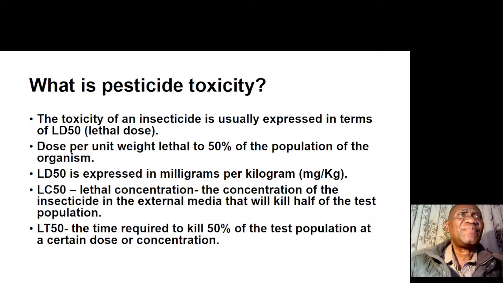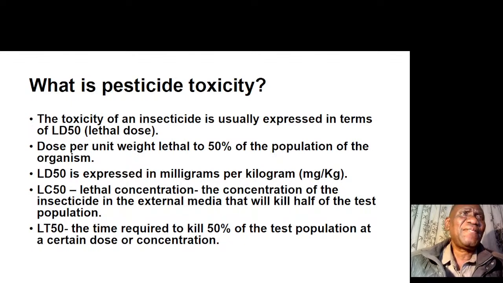In other words, it is the dosage which can kill about 50% of the population of test animals if we are administering that pesticide to a population of animals. So the LD50, which is a measurement of toxicity, is expressed in milligrams per kilogram, or mg per kg of body weight.